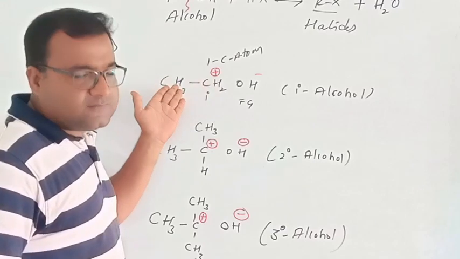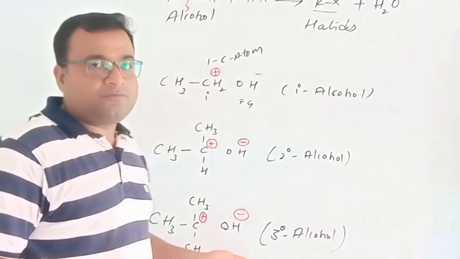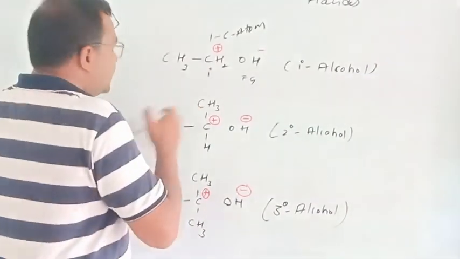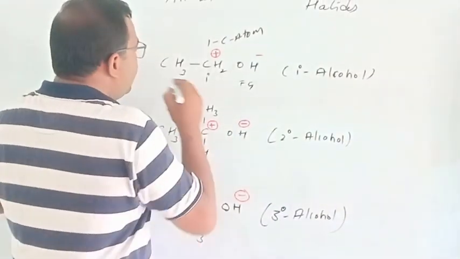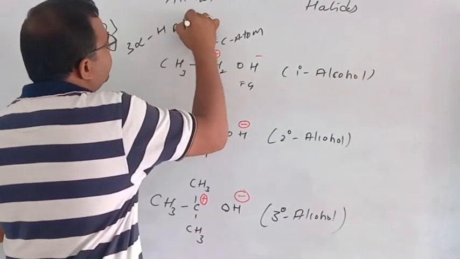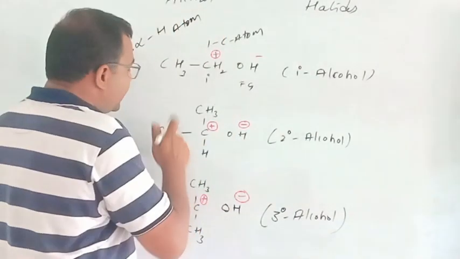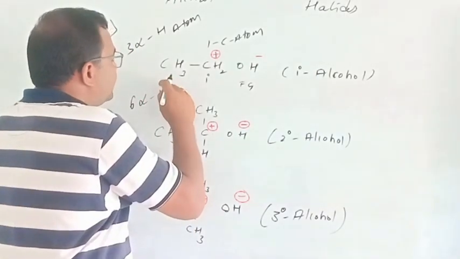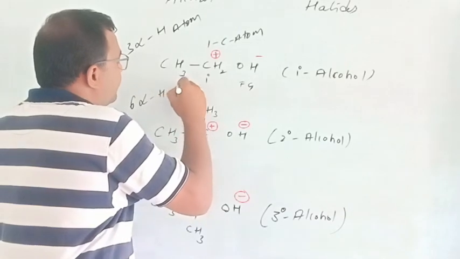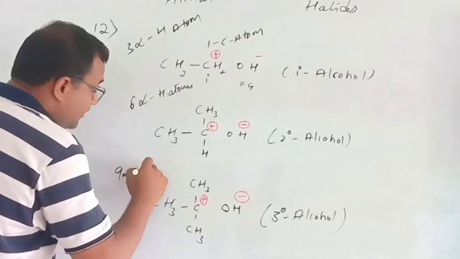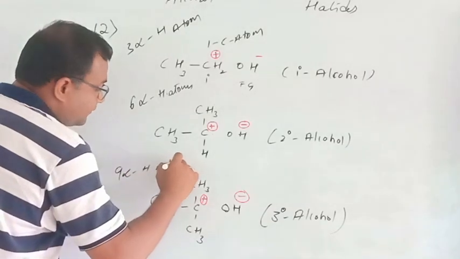Even it is stable according to inductive effect and also according to hyperconjugation. But there are 3 alpha hydrogen atoms here, here there are 6 alpha hydrogen atoms, and here there are 9 alpha hydrogen atoms.